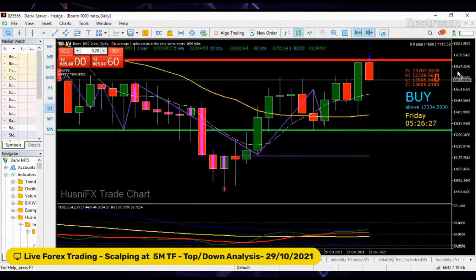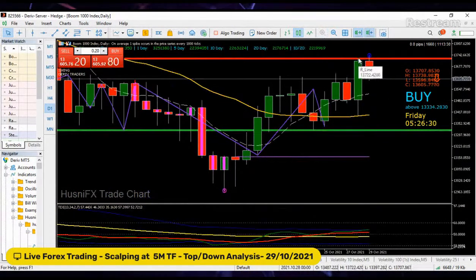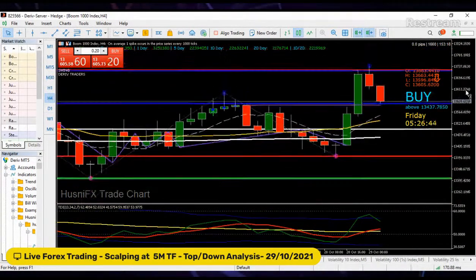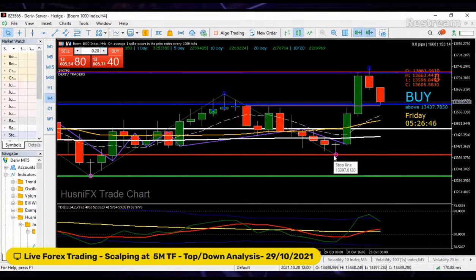By using these lines, it means that we are at the high of the previous day and the low of the previous day. According to the green lines, we need to go to lower time frames to get clearly the high and low. You can see that here is the low and here is the high.